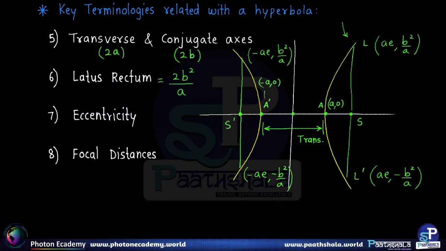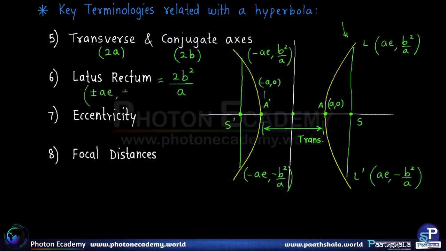Interestingly, the endpoints of the latus rectum are exactly same as we have in ellipse, that is plus or minus AE, plus or minus b square upon a.